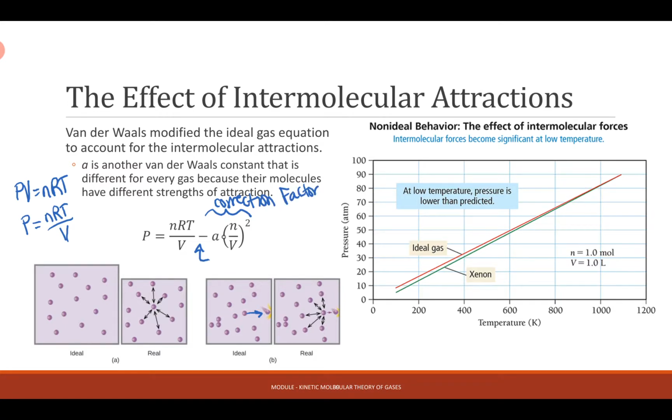And so I'm going to write real gas pressure lower. So here we have our correction factor, which does take into account the amount of particles in the container and the volume, and the letter A here is another constant that you will look up on a table.